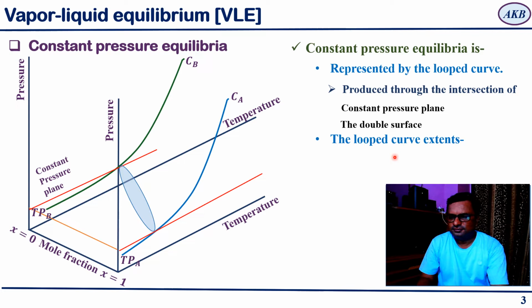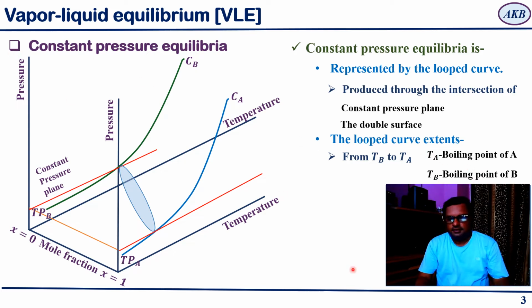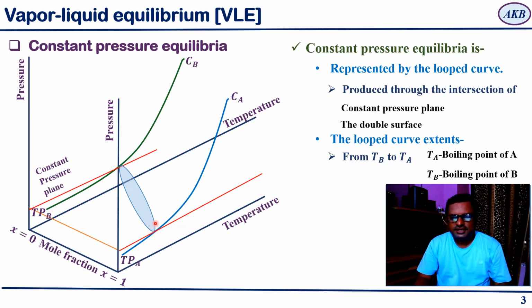And the loop curve extends from TB to TA, where TB is the boiling point of pure B and TA is the boiling point of pure A. So the loop curve extends from the boiling point of pure B to the boiling point of pure A. Constant pressure equilibria is represented by this loop curve.